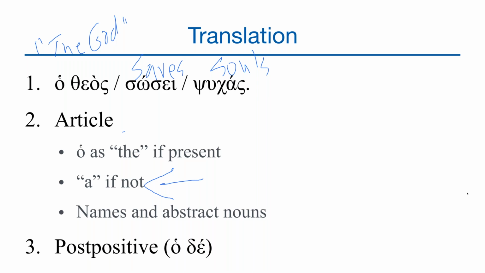Same idea here is you have it present even in things where in English you wouldn't normally have it. Now, generally, you don't translate that. It's got here the post-positive. Whenever you say de, it usually means but. That's really more than you need to know right now.